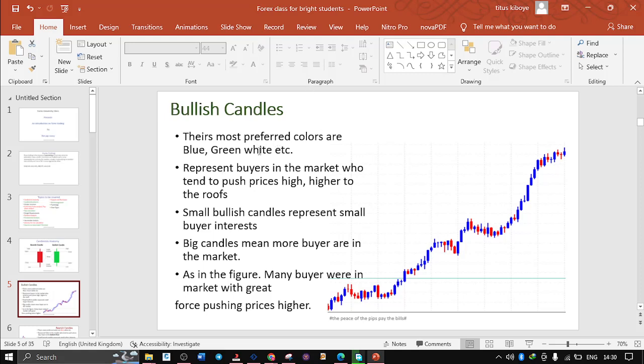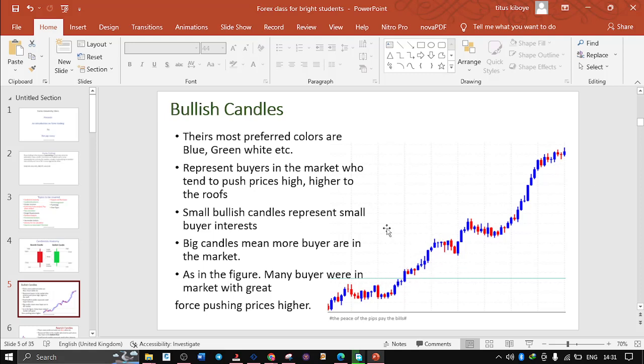Now let's talk a little more about bullish candles. Their preferred colors are green, blue and green, white, etc. They represent buyers in the market who tend to push prices higher and higher, to the roofs. You see how price is moving up. We are seeing very many bullish candles in this trend, meaning buyers were in control of this financial asset during this period.